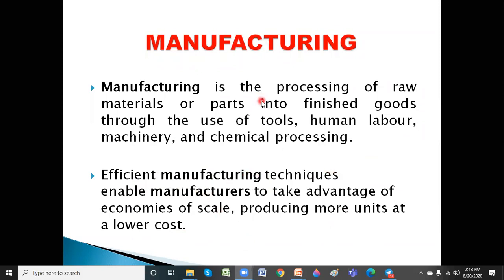So we are always searching for a method compared to the traditional methods. We research to find a non-traditional method that reduces time, increases quality, and produces the finished product at very, very low cost. Okay, next.